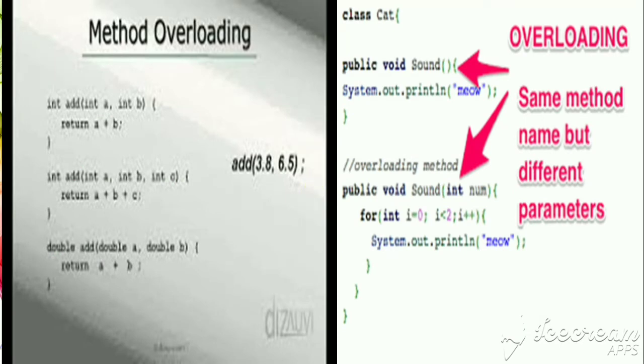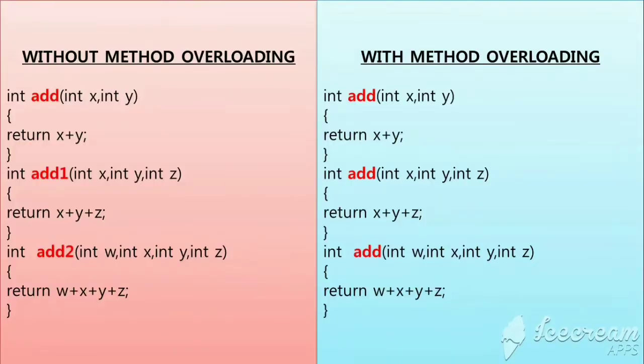Now I am showing another example, without method overloading and with method overloading. Here three functions are shown. The first one is add, another one is add1, next one is add2. These three functions have different names, and the arguments are also different: 2 arguments, 3 arguments, 4 arguments.